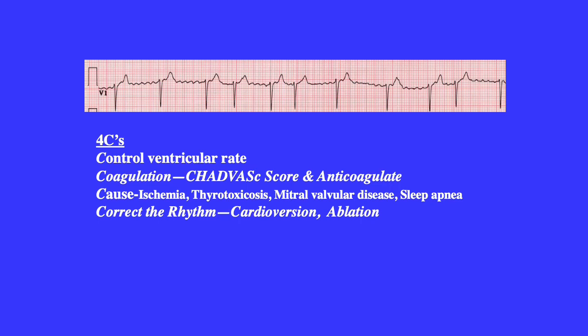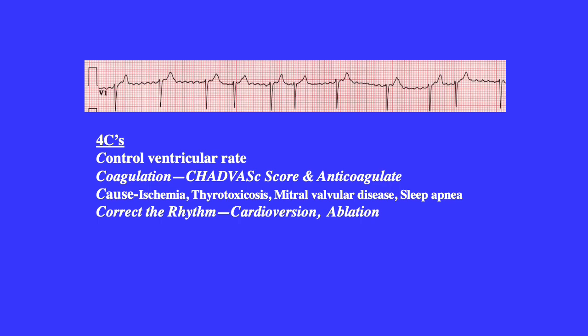What does this strip show? This strip shows an irregular rhythm and is due to atrial fibrillation. When you see a patient with this EKG with irregular QRS complexes and fibrillatory waves instead of P waves, the goal is to control the ventricular rate, to calculate the CHA2DS2-VASc score and anticoagulate, and look for etiology or causes.